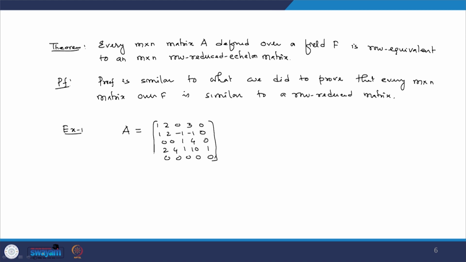So let me consider this matrix. This is basically a 5 cross 5 matrix. Now let me see how to get the corresponding row-reduced echelon matrix.